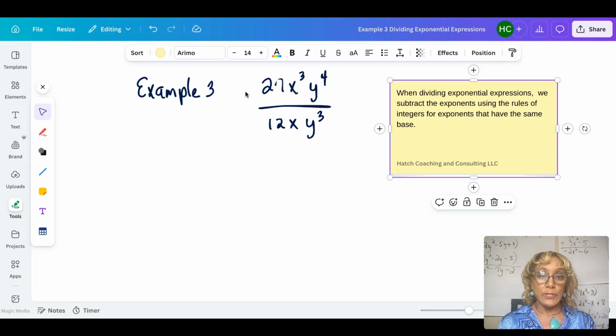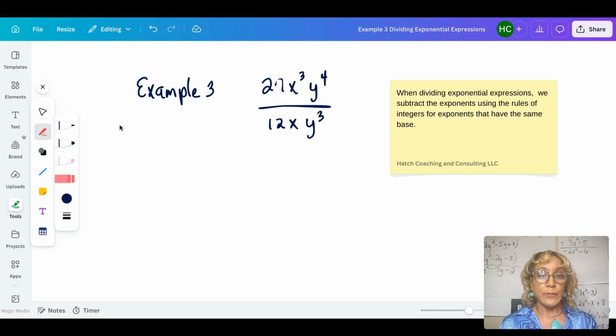Now, if you can't remember how to reduce the coefficients, you can always just off to the side somewhere break it down into its prime factors. So 27 is 3 and 9, and 9 breaks down into 3 and 3.